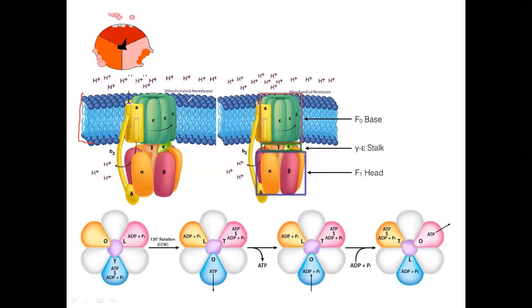Now, this is the ATP synthase. When you look at the ATP synthase, it has two parts, F0 and F1. F0 is submerged in the membrane, present across the membrane. It is a fixed one.